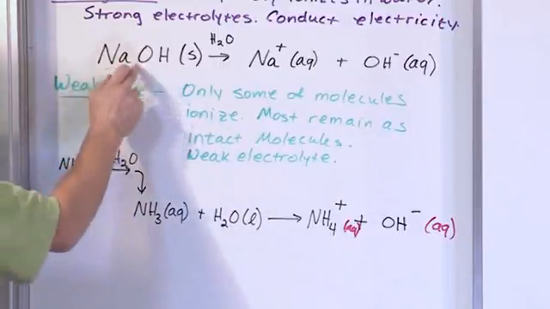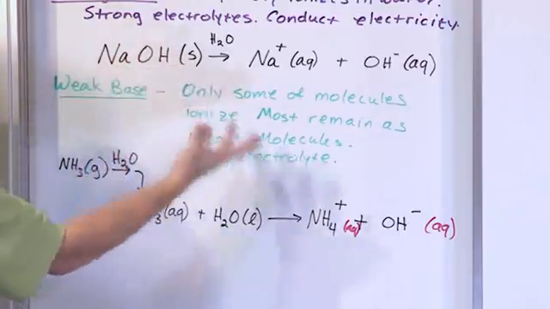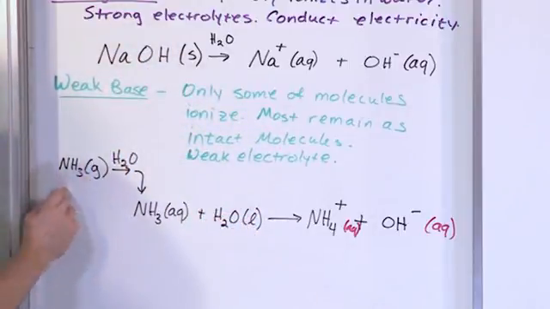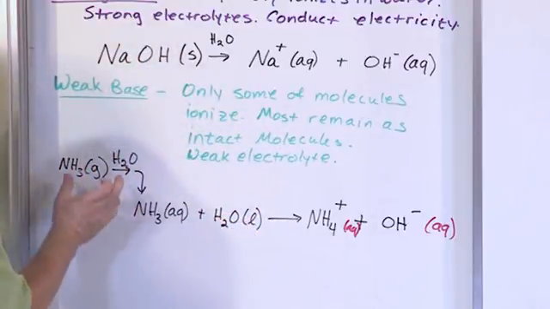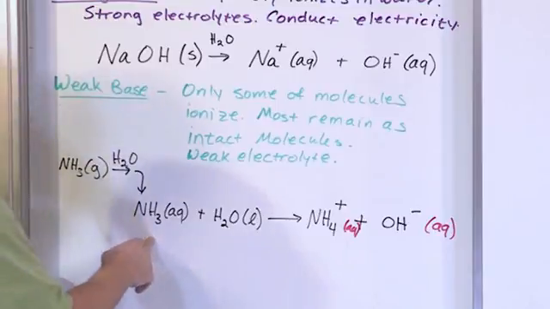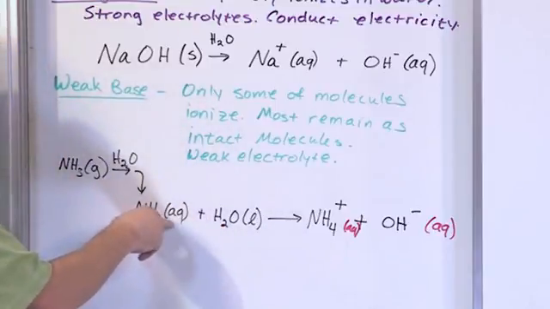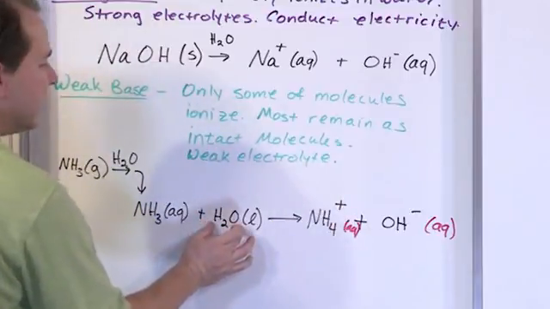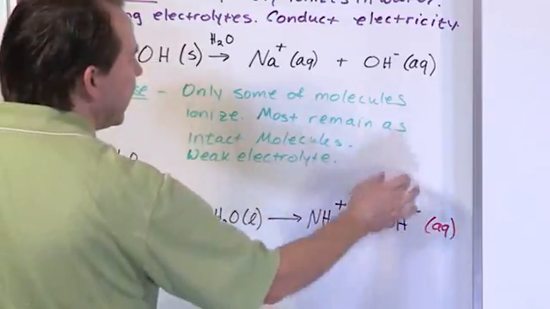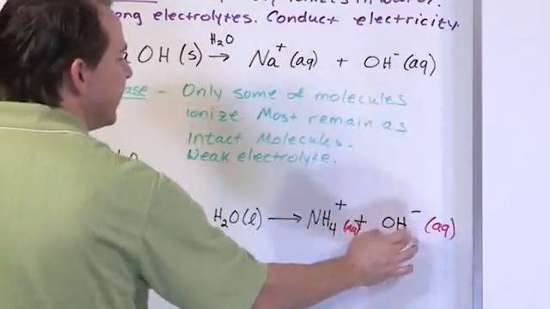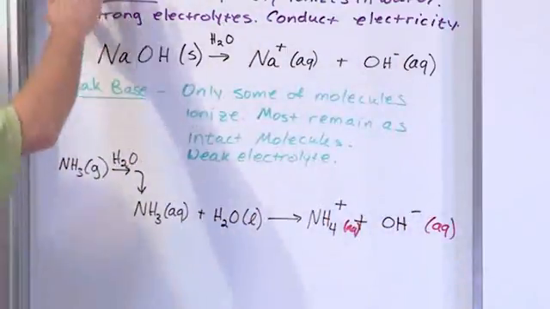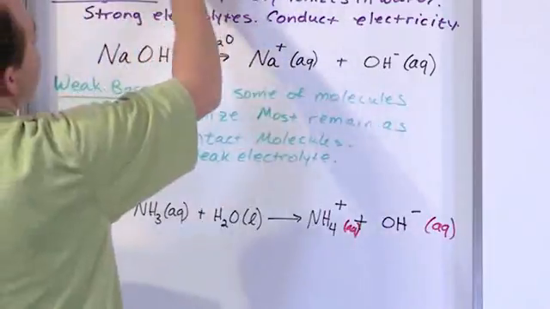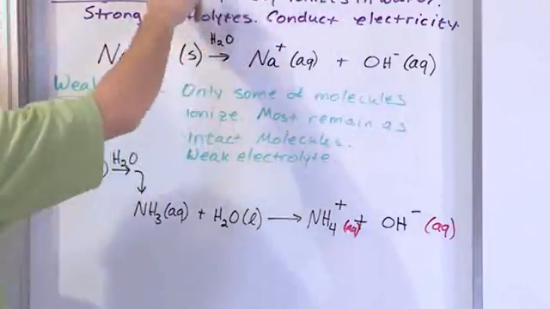Normally in bases there's an OH somewhere around, and it just wants to break apart in water, but ammonia is different. There's no OH anywhere here. But this is a special substance. When it goes into water, it strips a hydrogen off the water, making it positively charged, and what's remaining behind is a hydroxide ion, same as before. So basically it is a substance that follows this definition: when you put it in water, it produces hydroxide ions in aqueous solution.